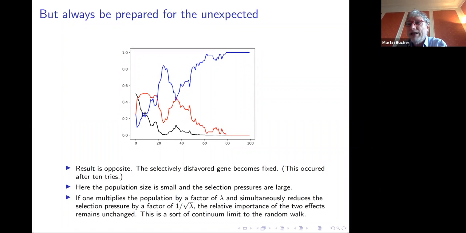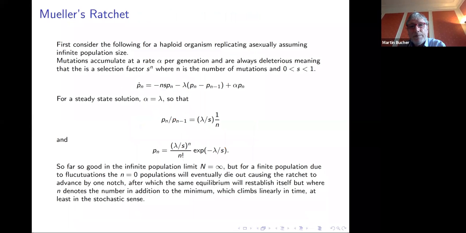We can play with parameters, but I think the point to take away is that you have this competition between selection and random walk, and they could be of the same importance, or one could be more important than the other.